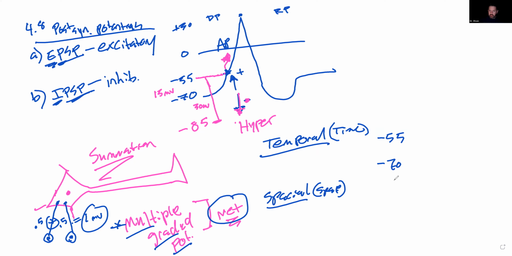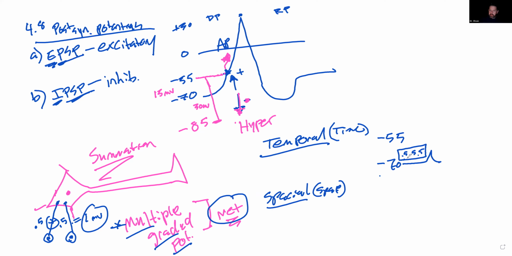And let's say that we are doing a graded potential, okay? And let's say over this period, we have 0.5, 0.5, 0.5. We have three graded potentials, multiple graded potentials, okay?